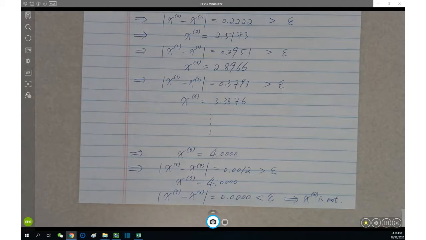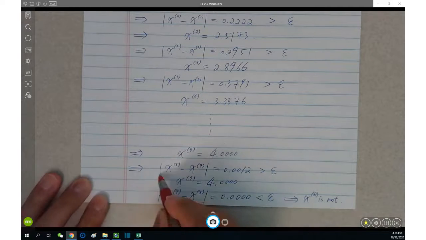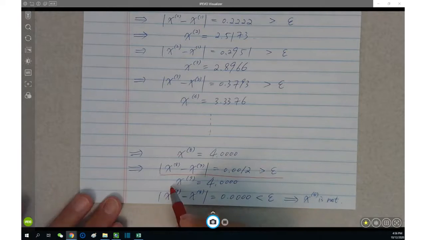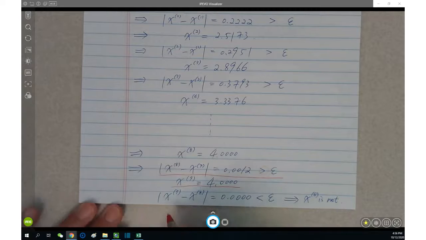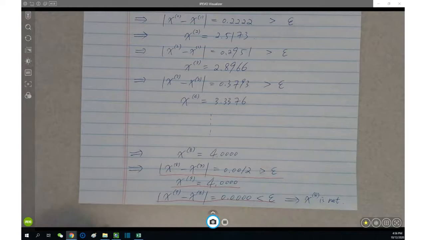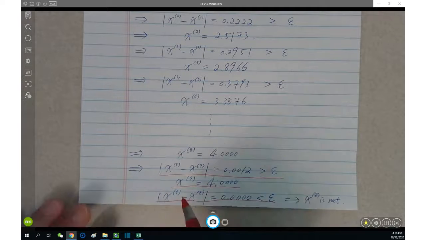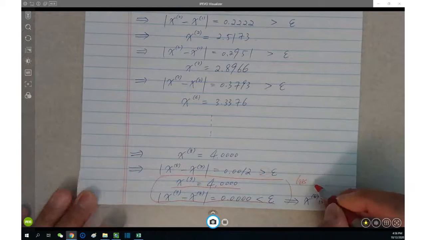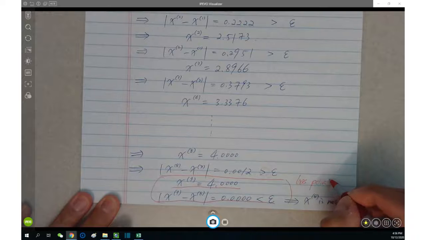my point about the answer is here. You cannot stop here, because from here it's still greater than the accuracy. You have to go to step 9, and then do this to tell that the eighth iteration is the root. This has points in the exam.